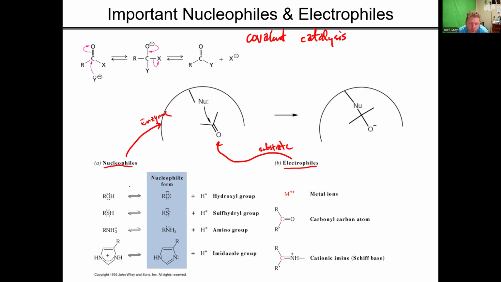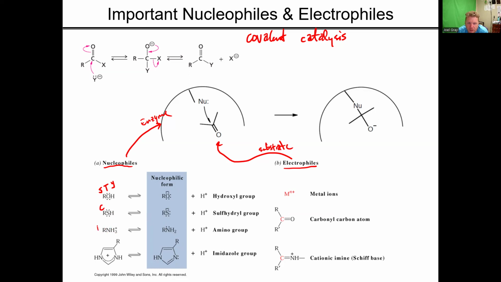Our nucleophiles that can form this great nucleophilic form have a hydroxyl group. Which amino acids have a hydroxyl group? Serine, threonine, tyrosine. Or they have a thiol or a sulfhydryl. Well, cysteine is the only one that really has that, because methionine is going to have a methyl group.